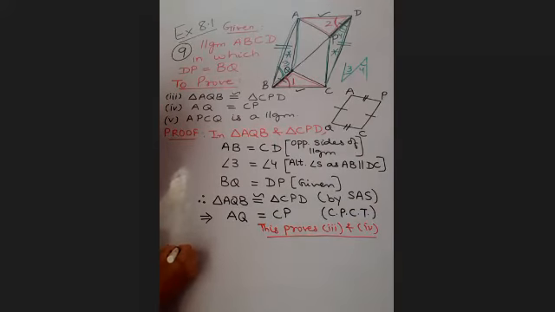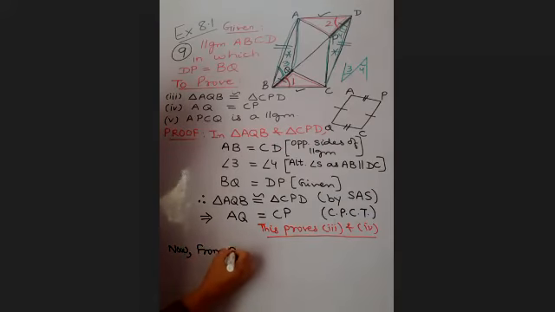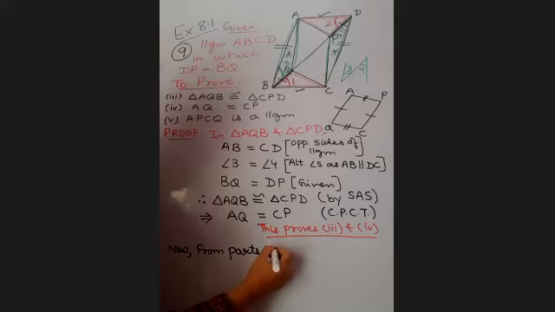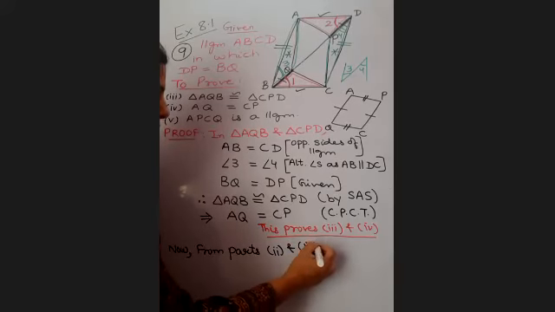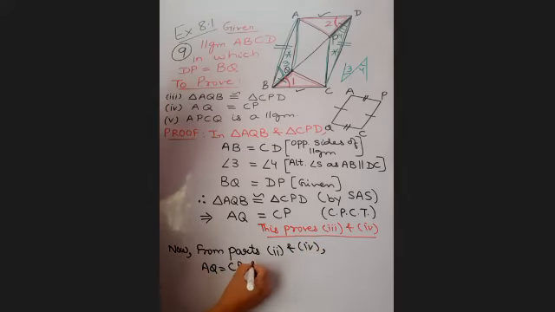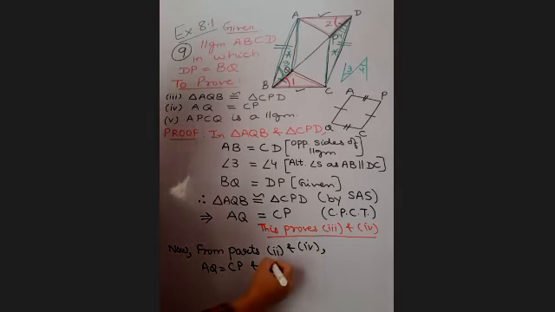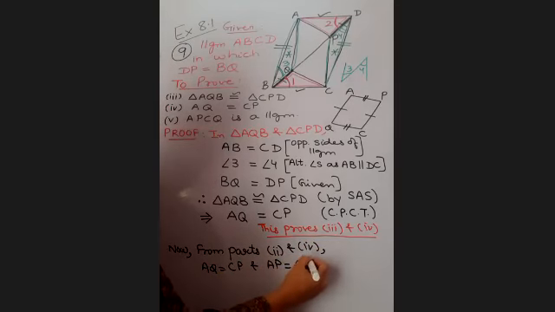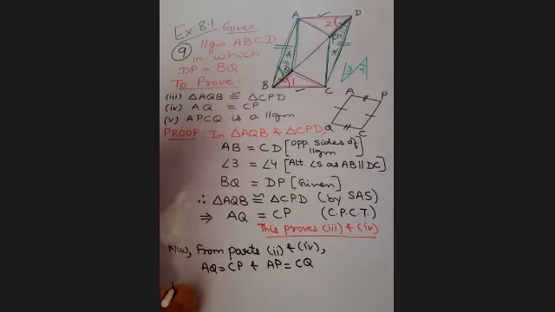Now, from parts 2 and 4, we have AQ is equal to CP and AP is equal to CQ.